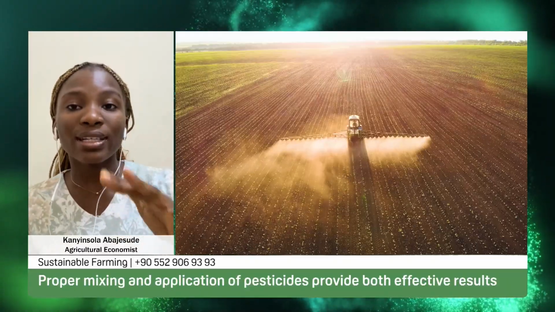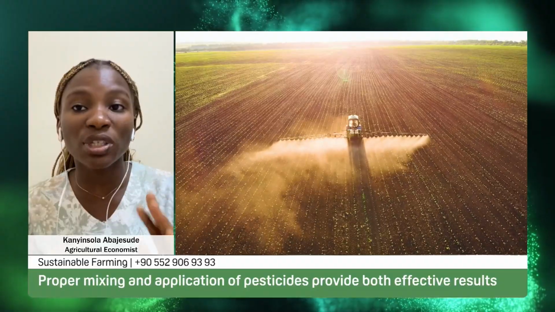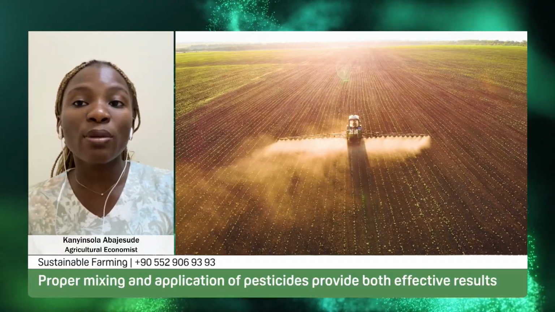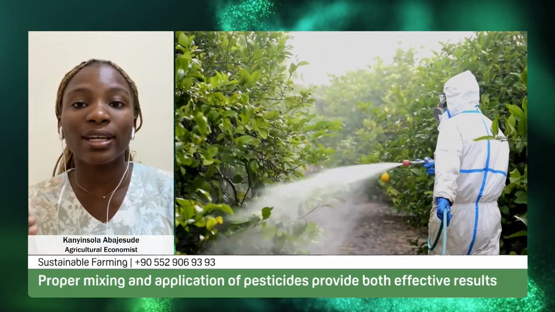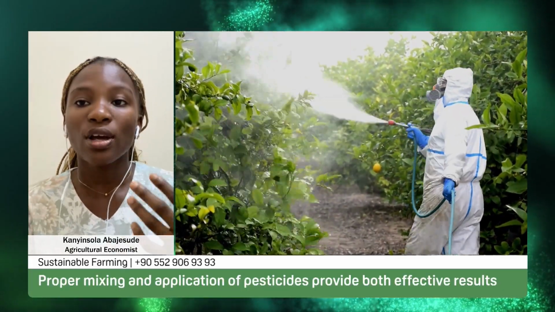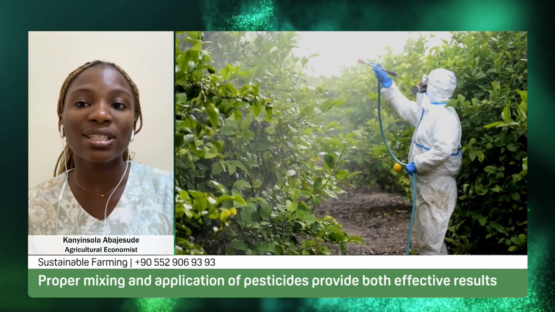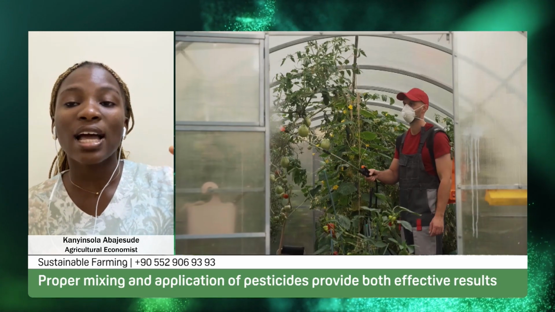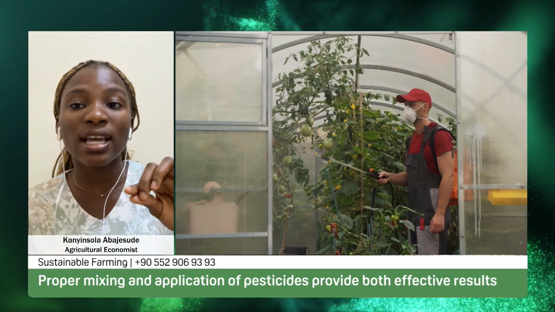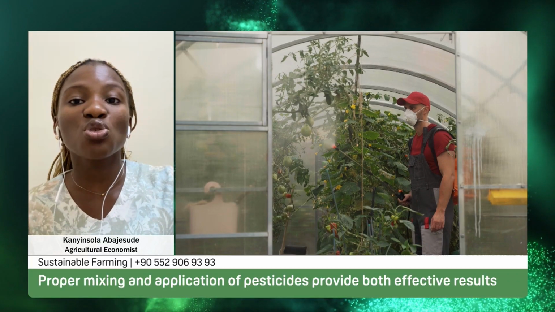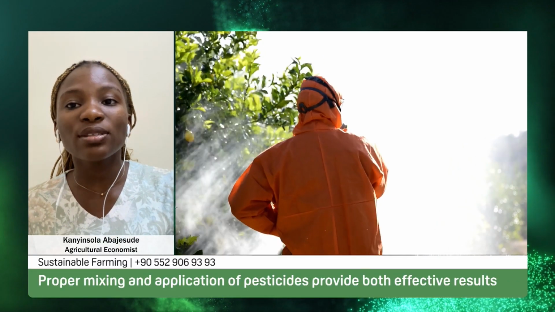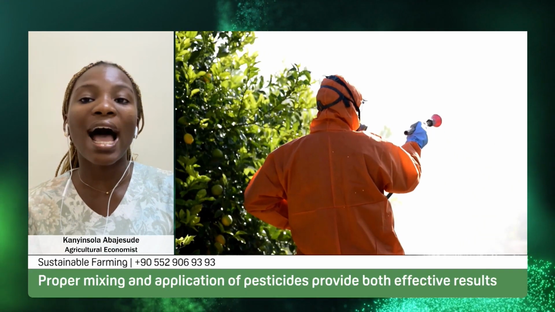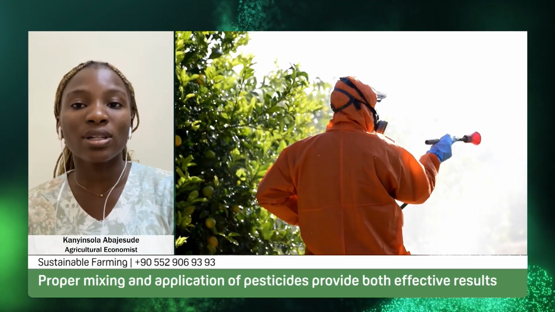Most pesticides come with measuring cups, so you'll be able to accurately measure the amount of chemical which you'll be adding to the water. So the safest method is adding chemical to water.